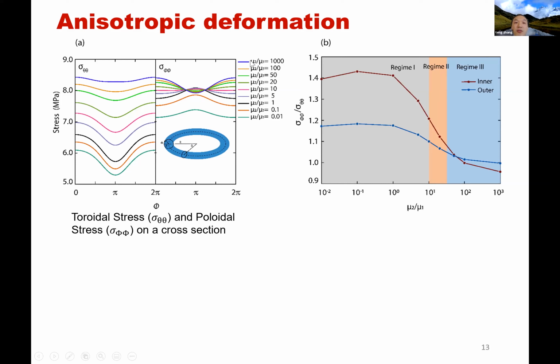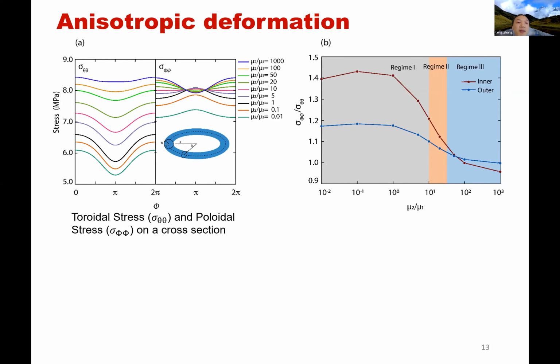You can see the two extreme cases. The blue curve on figure A is mu2 over mu1 equal to 1000, which means the core is very stiff. You can see that the maximum stress is at the outer surface, at phi equal to 0.